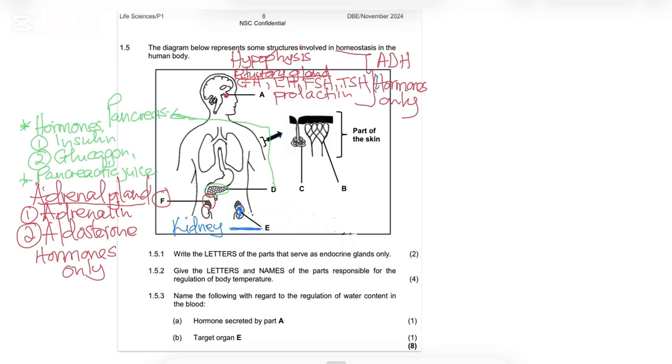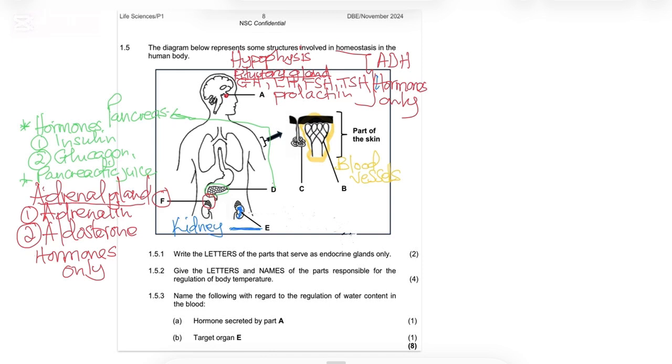So we have a small section of the skin, and we have this part which has been labeled B. It is representing blood vessels, and these blood vessels are the ones that would become wider through a process known as vasodilation, or they become narrow through a process called vasoconstriction, depending on whether the body is feeling hot or cold.